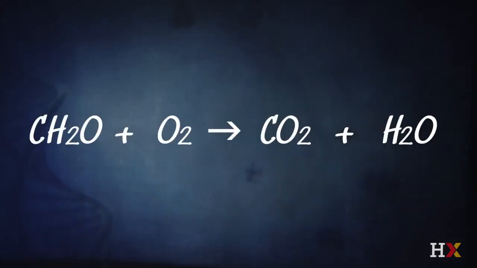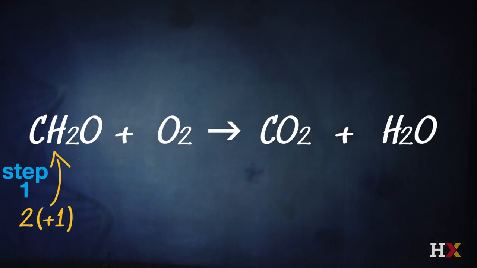So in this case, we don't have fluorine, but we have hydrogen. So we're going to assign the oxidation number to hydrogen first, and then we'll proceed to oxygen second. So step 1, we assign an oxidation state of +1 to each one of those hydrogen atoms, but we have 2 of them. So we sum this together, and that means that we have contributed 2 electrons, 1 from each of the hydrogens.